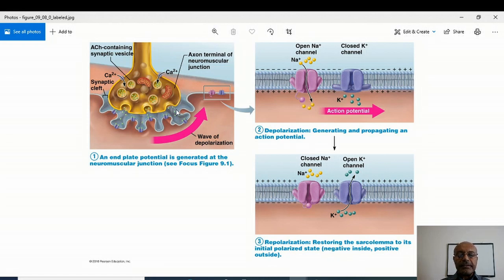So when this is magnified, this is what you get. Here is a nerve ending, the end of a nerve, and here is a segment of the sarcolemma or plasma membrane of a muscle cell. So this is a neuromuscular junction, meaning a connection between a nerve ending and a skeletal muscle cell plasma membrane.